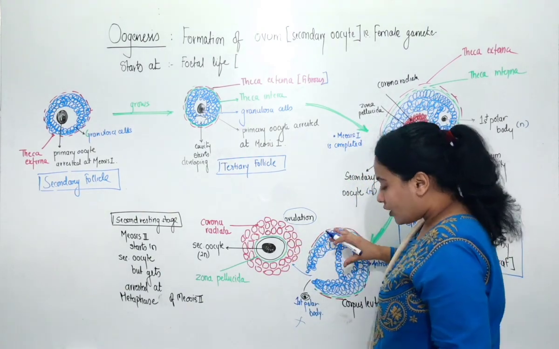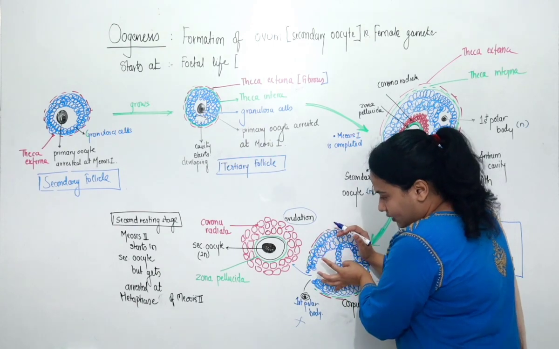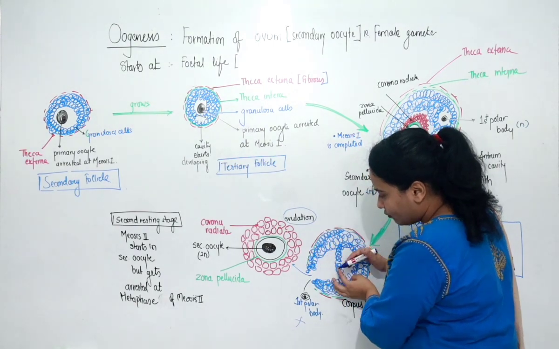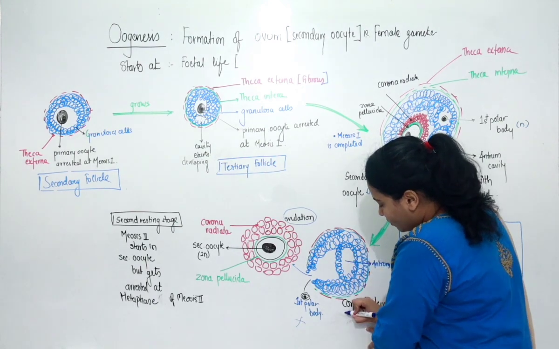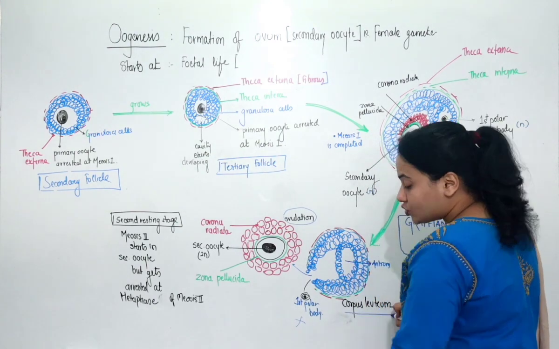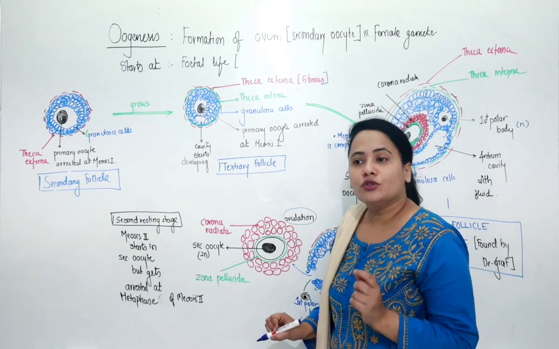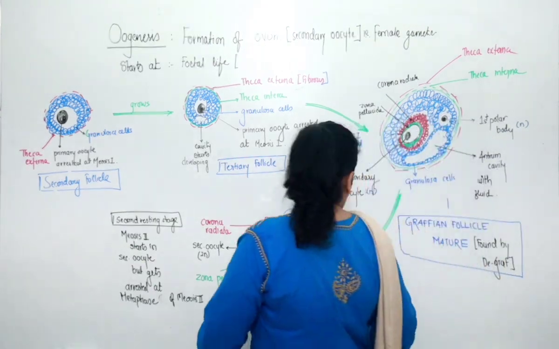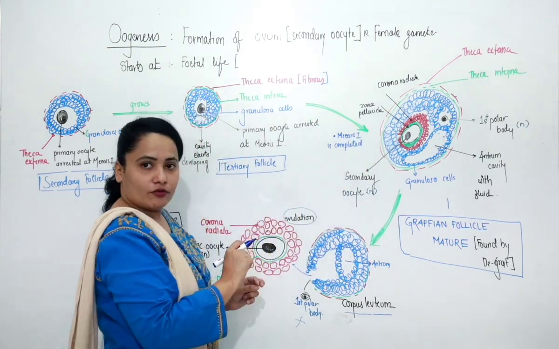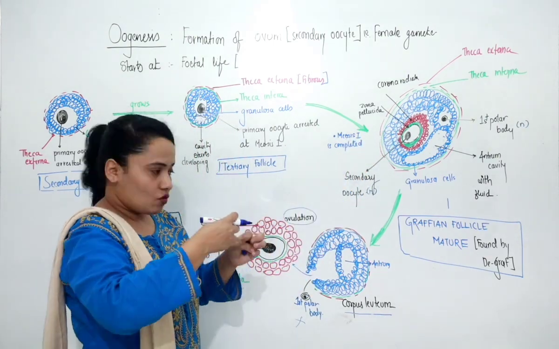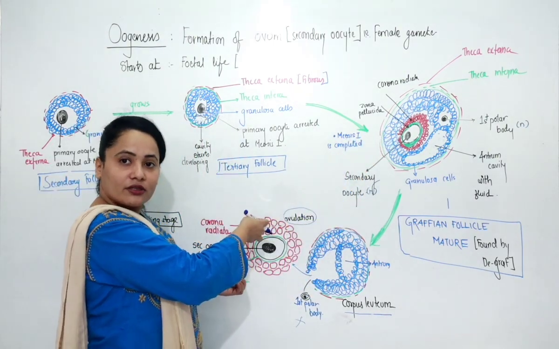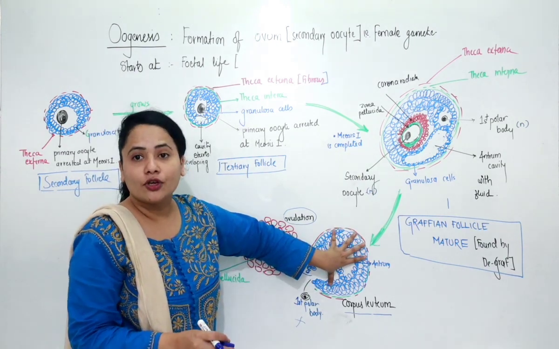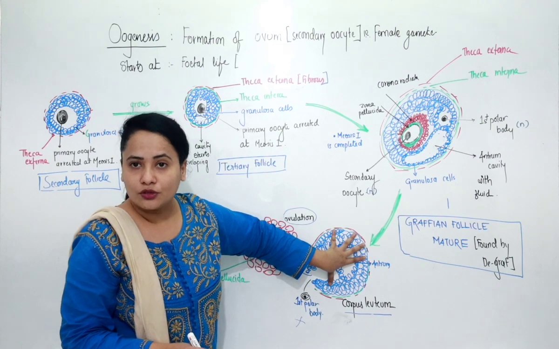Further, what will be the fate of this follicle? Let me tell you that the remnant of this Graafian follicle will be converted into a structure called the corpus luteum. So from this Graafian follicle, two things are formed. Ova is released at the secondary oocyte stage, and the remaining portion is known as the corpus luteum.